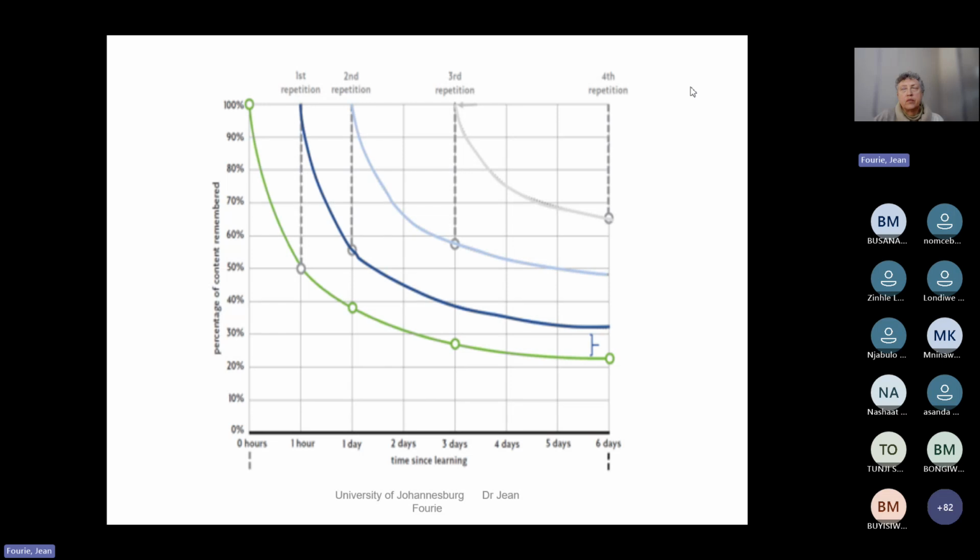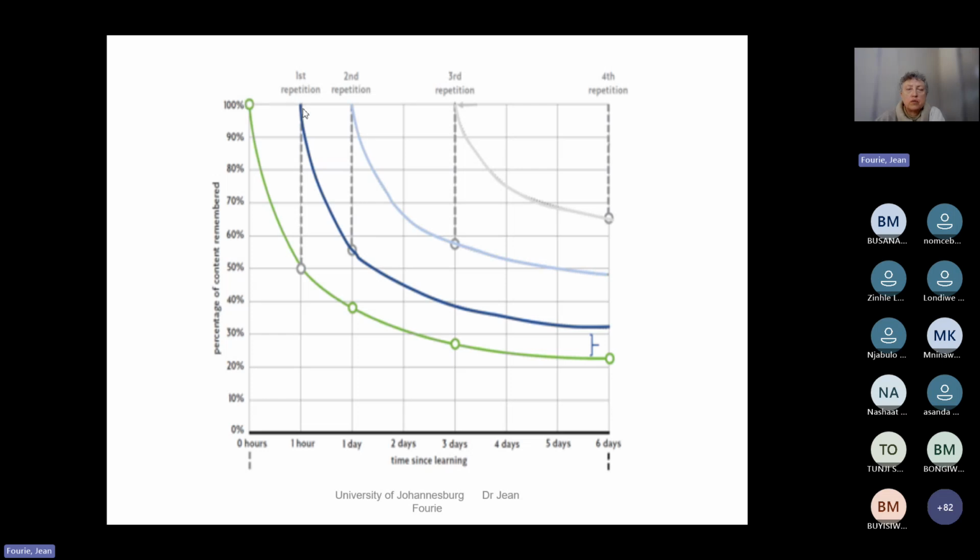And are we teaching children to do these active repeats and active reviews of the content so that what we are teaching stays in long-term memory as long as possible?